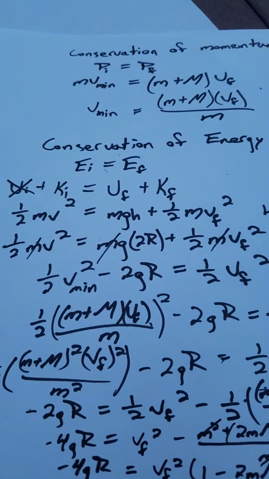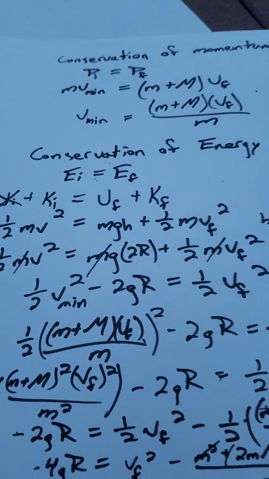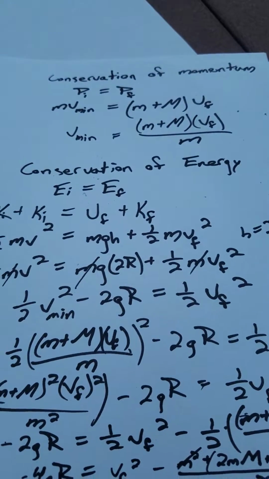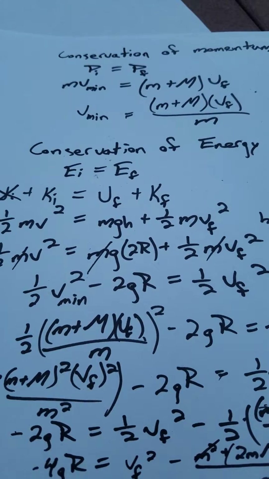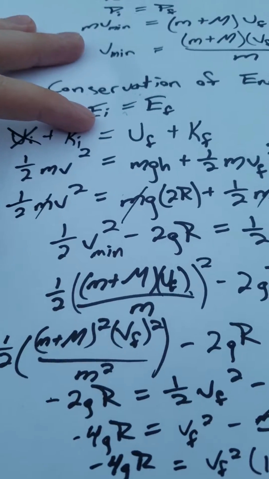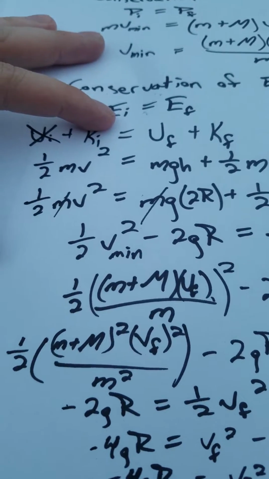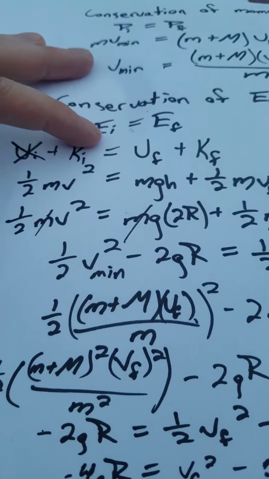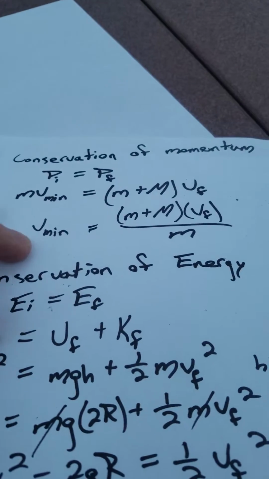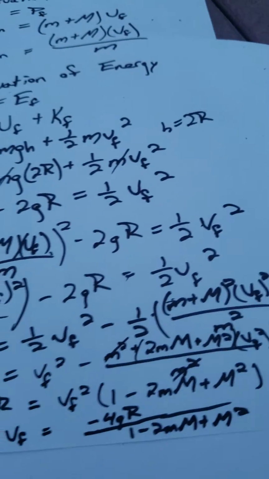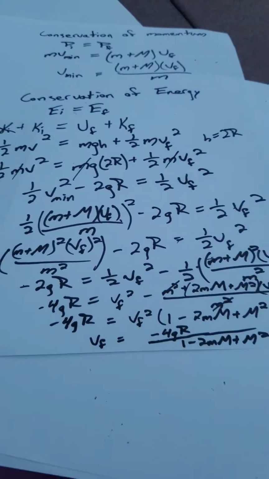So then you can simplify, get rid of the m's. 1/2 v min squared minus 2gr equals 1/2 vf squared. So then that becomes 1/2 times lowercase m plus capital M times vf over m, squared, and that's from the v min, you just plugged it in, minus 2gr equals 1/2 vf squared.